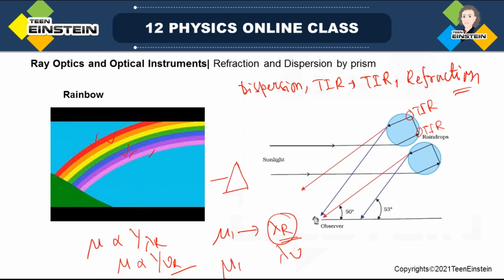So red light will have greater velocity than violet light or other colors inside the prism. That's why the deviation of the red light will be least, and the deviation of the violet light will be most, because it has the lowest wavelength. That's why its speed is very low inside the prism, and because of the difference in speeds, the deviations are also different, and that's why the colors do not combine but split from each other. So this is the reason for dispersion.